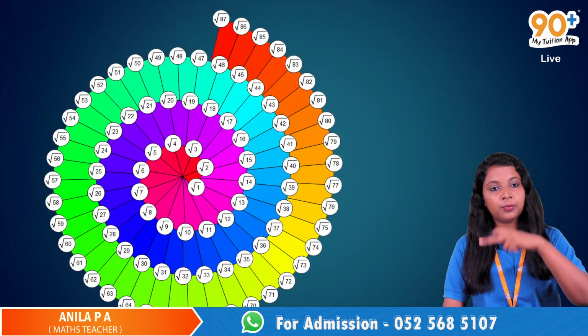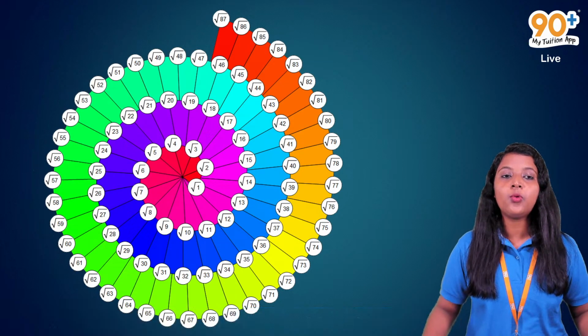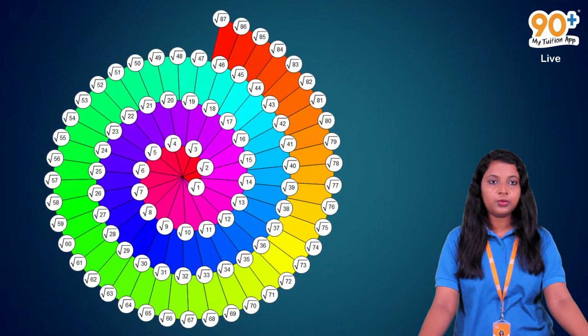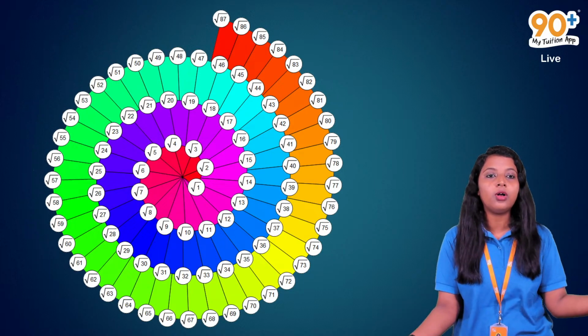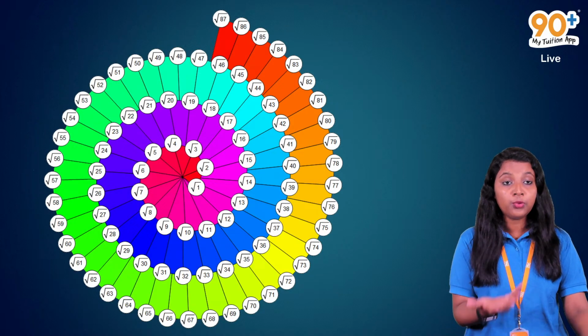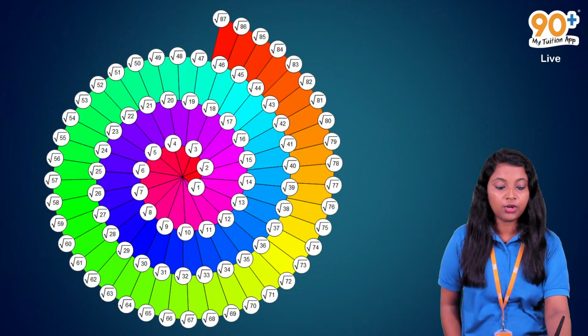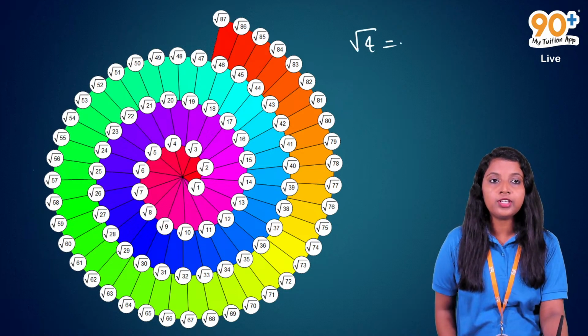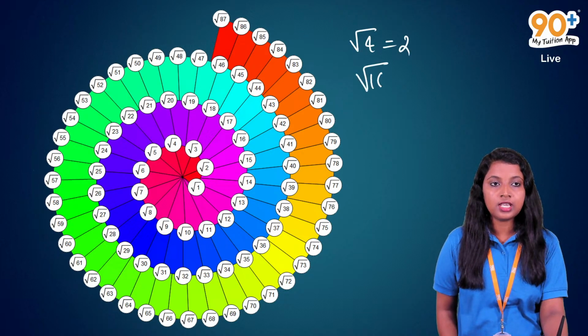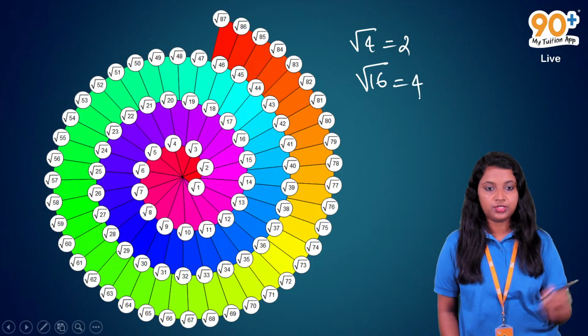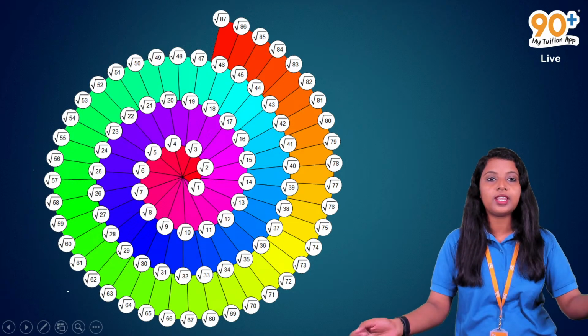We continue the process and it goes on and on. You can mark all the points, all the roots, and this root 4 will be at this point 2, and root 16 will be 4. Like that it continues, and you will get a square root spiral like this.